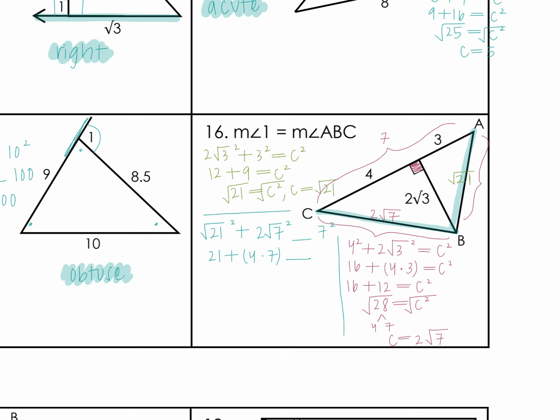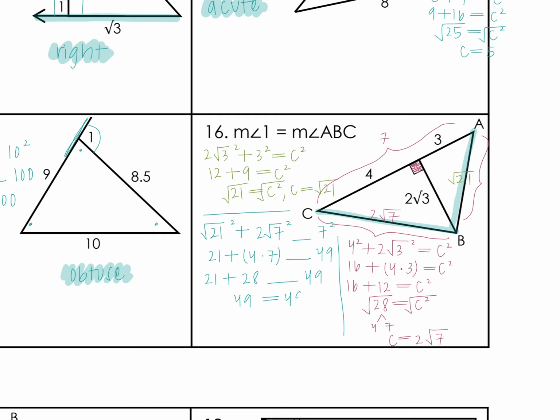The other side will get that 49. So here we'll have 21 plus 28, so 4 times 7. And then we still have that 49 over here. So 21 plus 28 gives you 49.